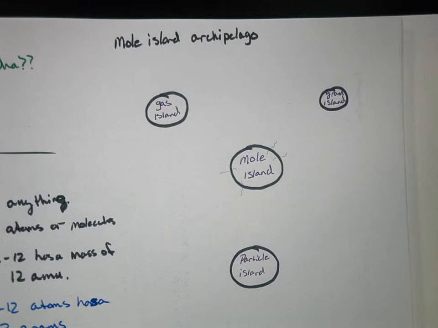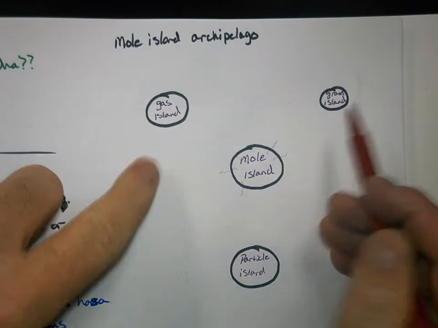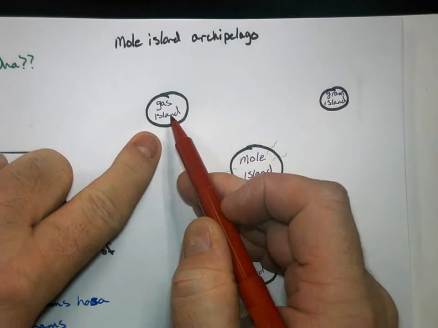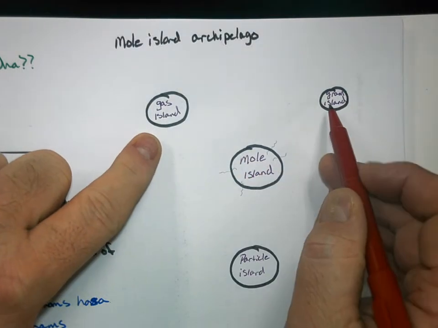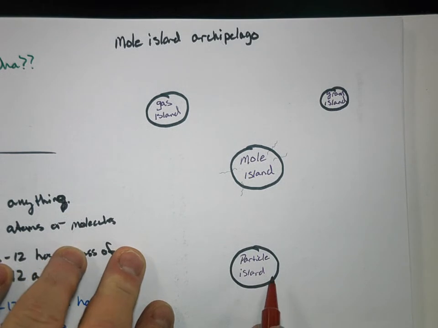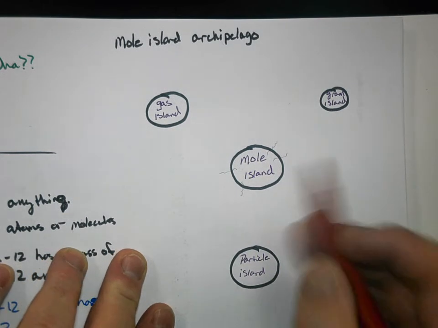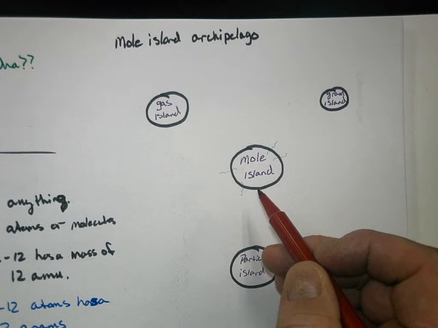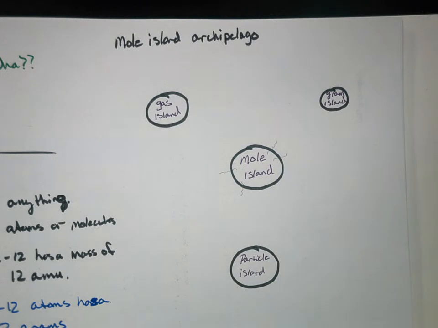So here's the idea of the Mole Island archipelago. We have these different units that we're going to convert to and from. We will either have liters of gas, grams of stuff, or numbers of atoms and molecules. Whatever we do, we will always be converting back to Mole Island. We need to figure out how many moles we have of something, and that's our baseline.